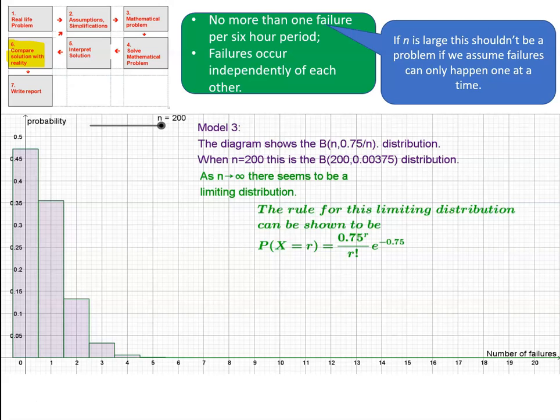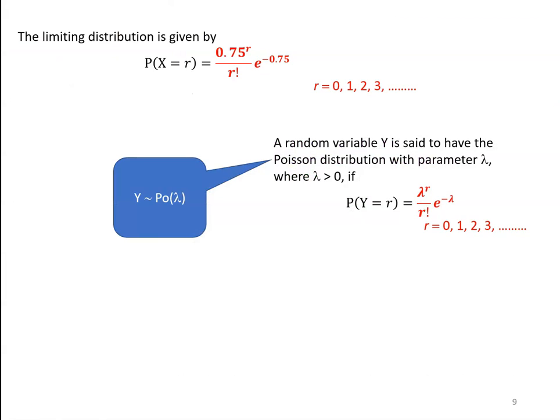Now your teacher may decide to try and justify this limiting distribution and its format to you in class. But for the moment we're going to assume that that is the rule for this limiting distribution. So the limiting distribution was given by the probability x equals r is 0.75 to the power r over r factorial, e to the minus 0.75, for r equaling 0, 1, 2, 3, etc.